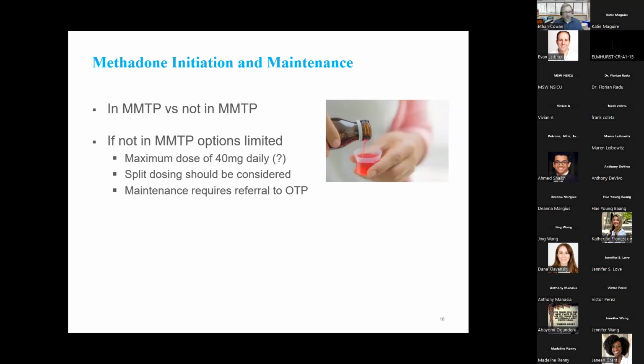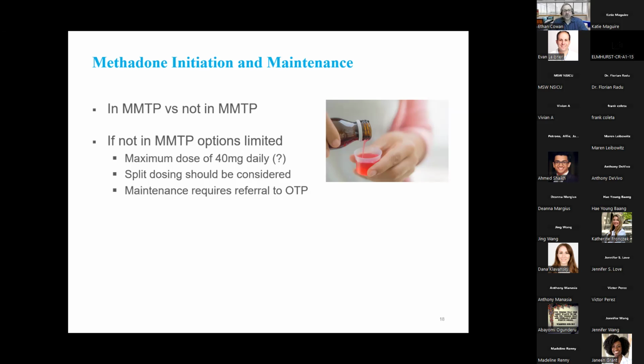In terms of treatment initiation for patients in the hospital with methadone, it's actually pretty simple. Typically, we'll start with around 30 to 40 milligrams of methadone and then escalate the dose every 3 to 5 days.